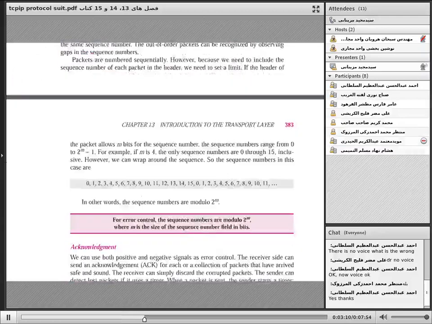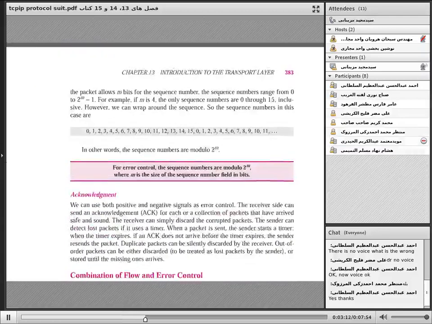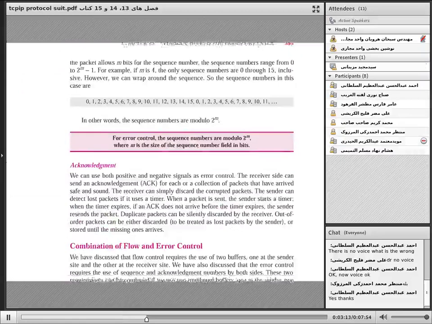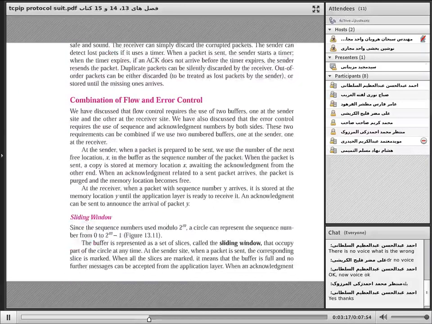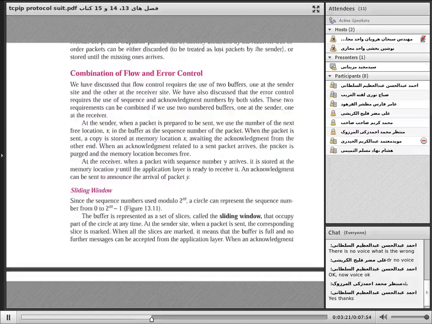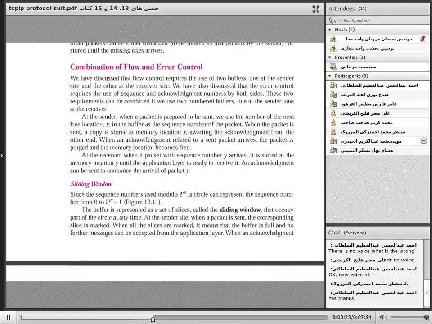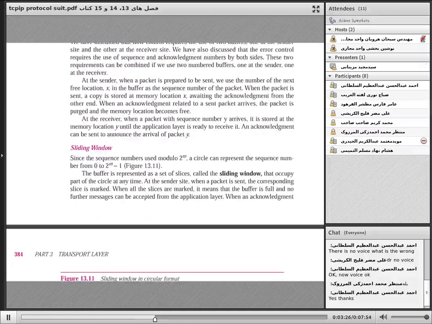I explained about acknowledgement and combination of flow and error control. ترکیب کنترل جریان و کنترل خطا. And finally I explained for you what sliding window is.